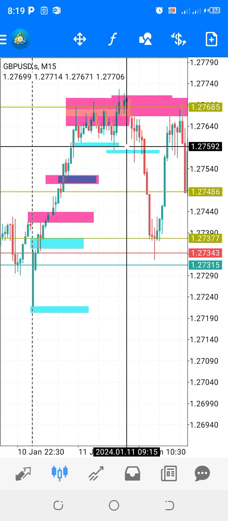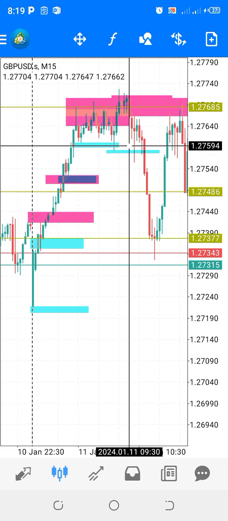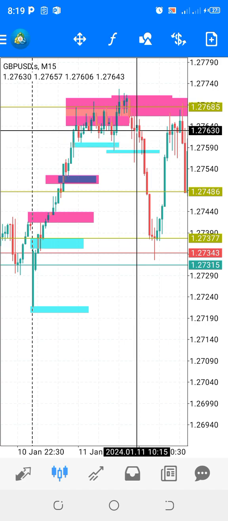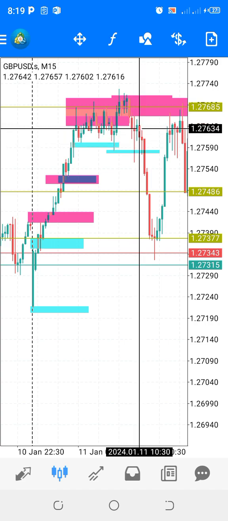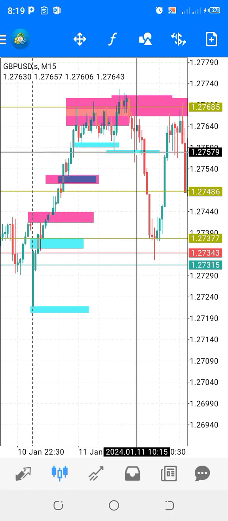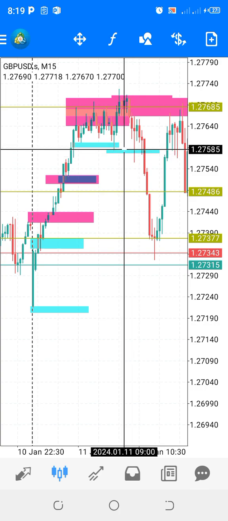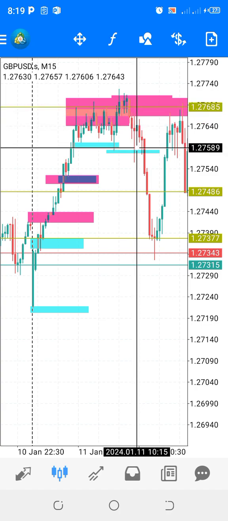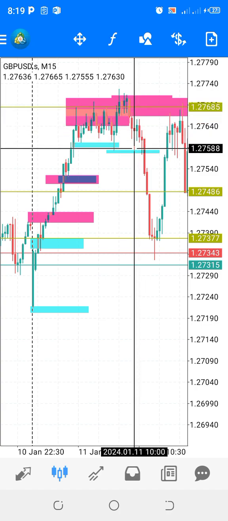Okay, so in this case, this was the most recent impulse, 2758. That's its level, 2758, and your entry is coming at 2763. So that's about 5 pips profit only, because you do not know if that level will break, of course. So now the market returns back after retesting that and has not broken that.